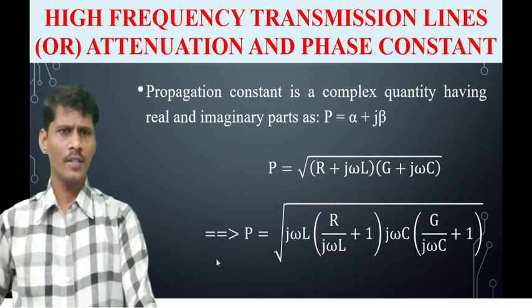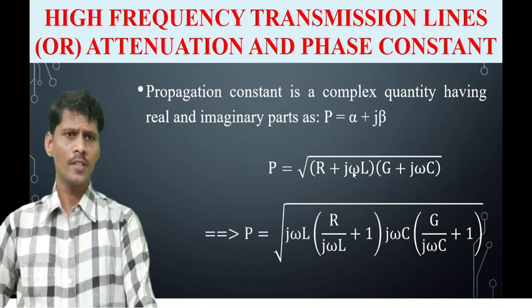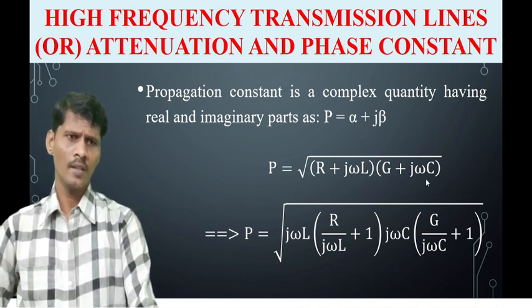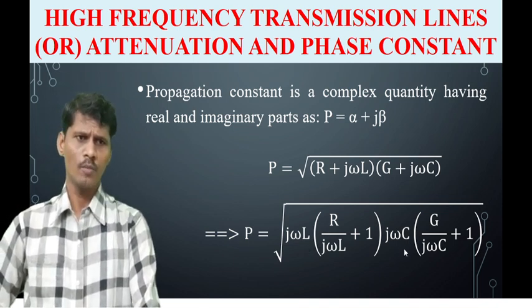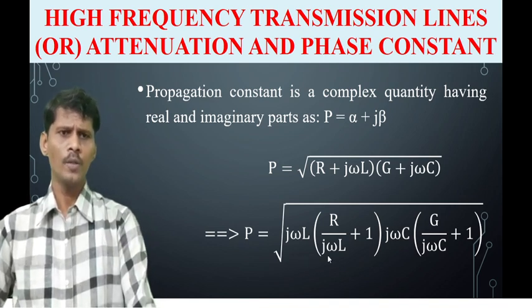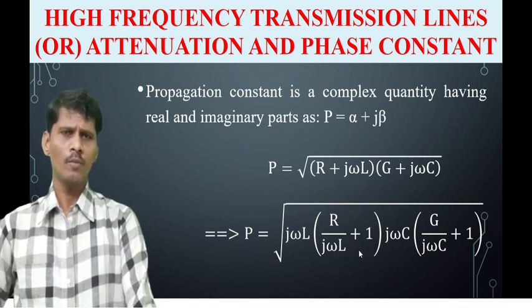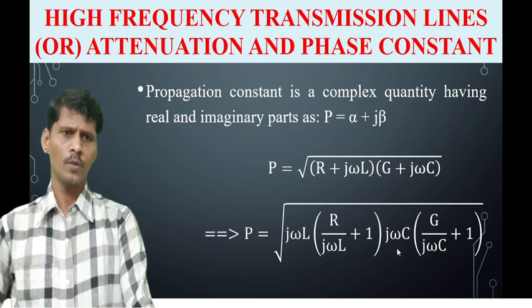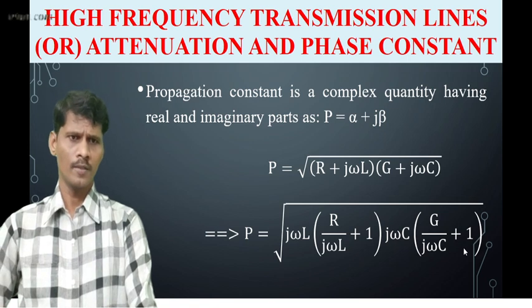In that equation, take the common term j omega L in the first term and j omega C in the second term. We get square root of j omega L into R by j omega L plus 1 into j omega C into G by j omega C plus 1.